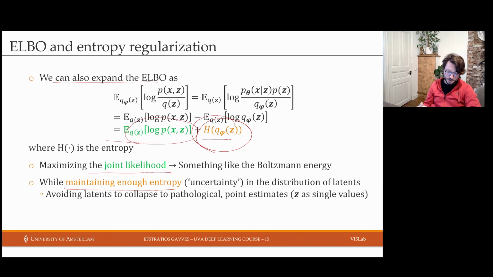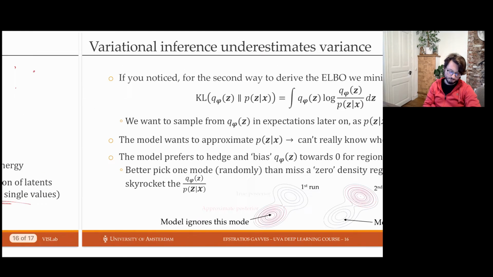We want that because otherwise we might obtain pathological point estimates for z. So we want to make sure that my importance sampling function that I'm learning for z is not going to focus only on a few points where I'm going to get high values. We rather want a distribution over all z's.